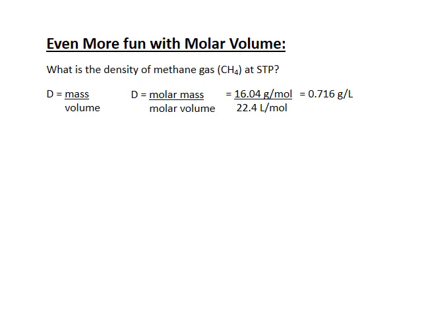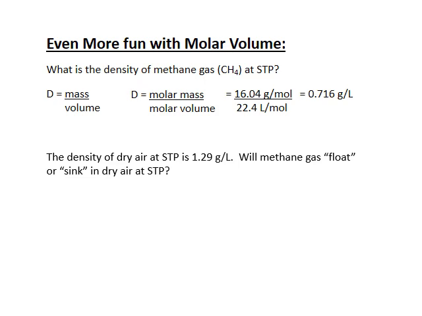So I might want to know what would happen to some methane if I just let it go in the lab. Where would it end up in the room? I might want to compare it to the density of air. I know the density of dry air at STP is 1.29 grams per liter. I know we're not at STP in the lab, but the density probably doesn't change a great deal from that.